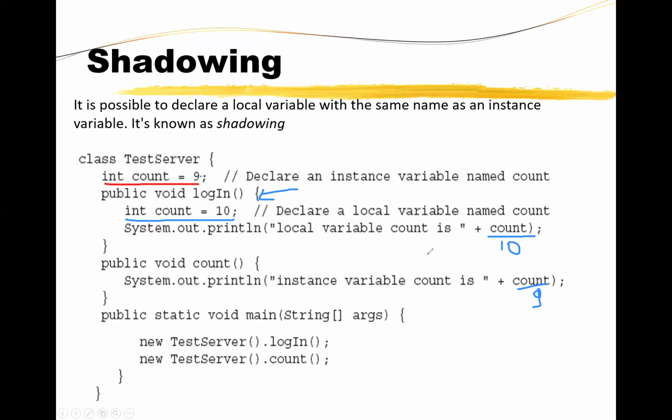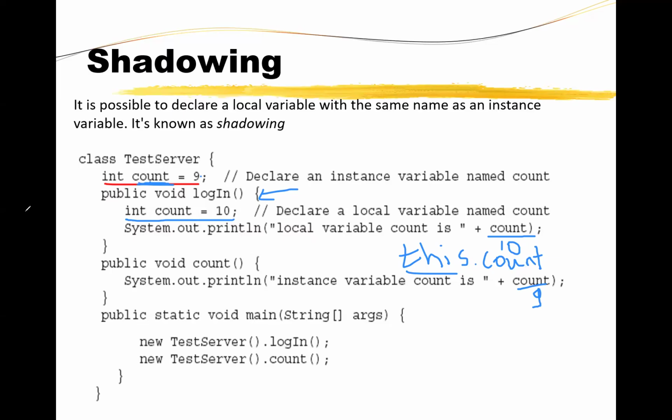If you use the keyword this dot count, it will refer to the instance variable count. Therefore, you have to use the this keyword. This also we have discussed last time.